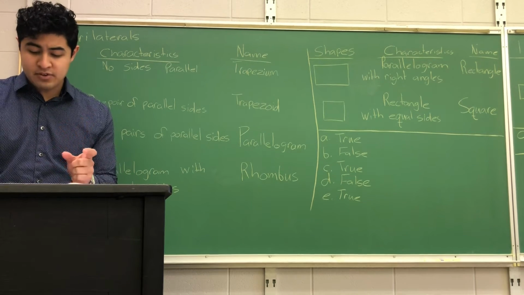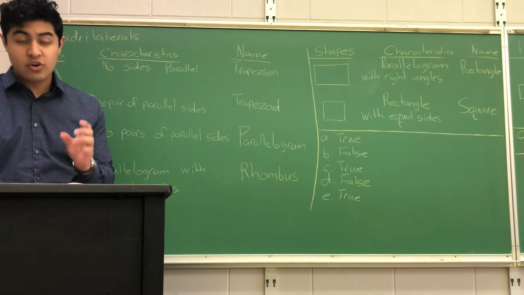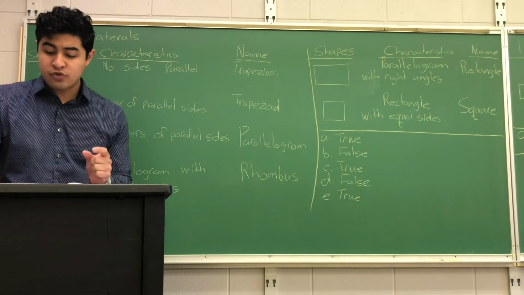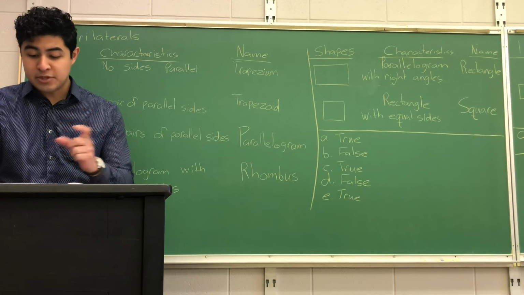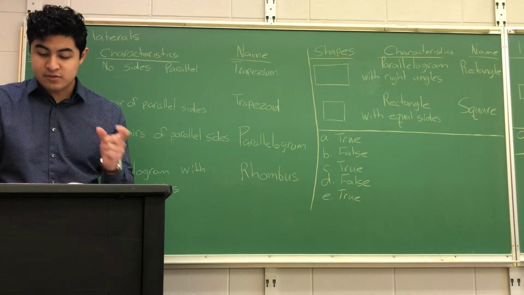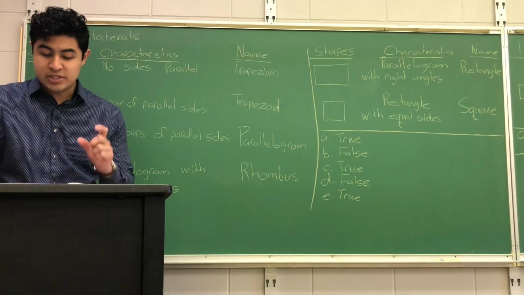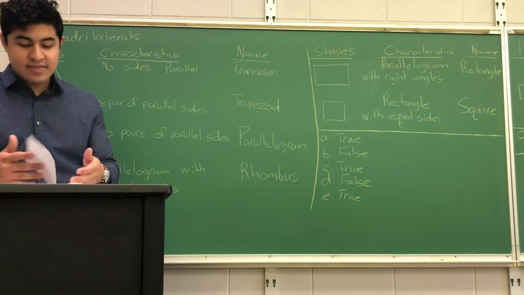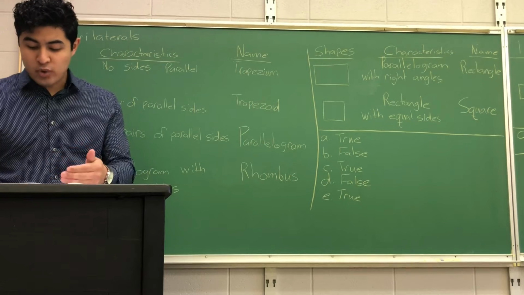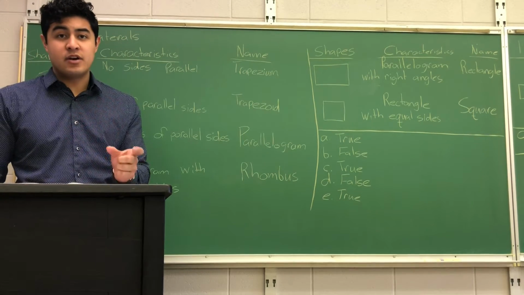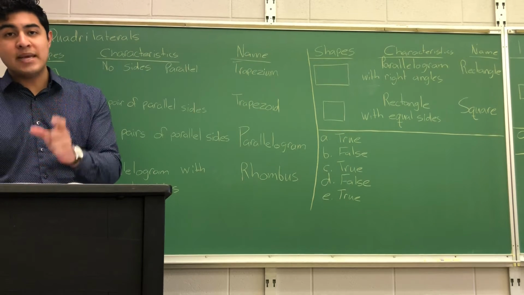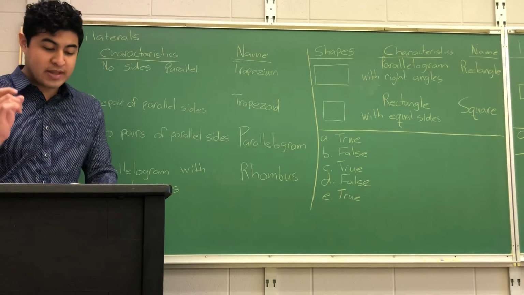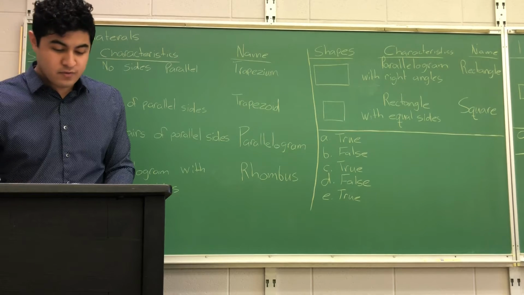Notice that rhombuses, rectangles, and squares are all a kind of parallelogram. Also notice that a square is a special kind of rectangle, which is a special kind of parallelogram, which is a special kind of quadrilateral, which is a special kind of polygon. And then a square is also a special kind of rhombus. That doesn't mean that all rhombuses are squares. It means that a square can be a special kind of rhombus. So for letter D, the statement is false.